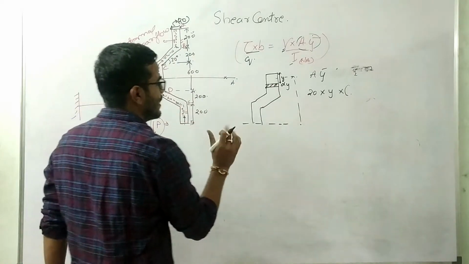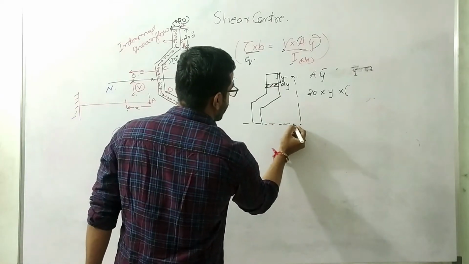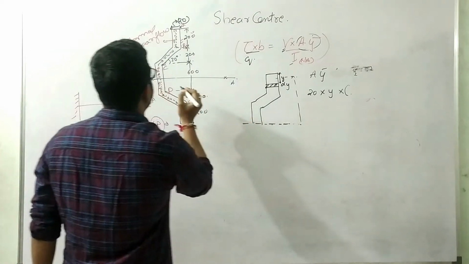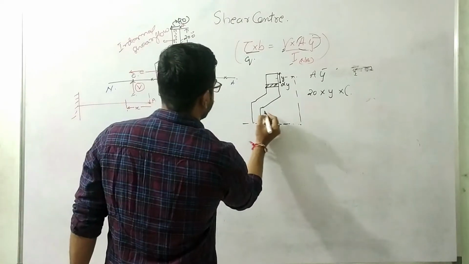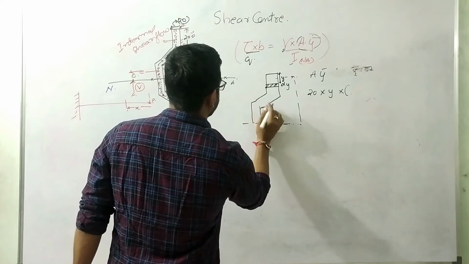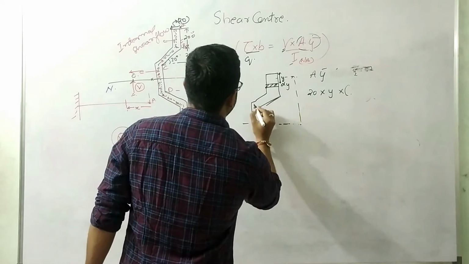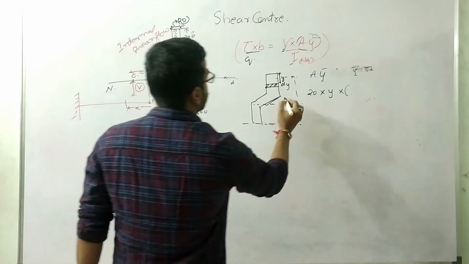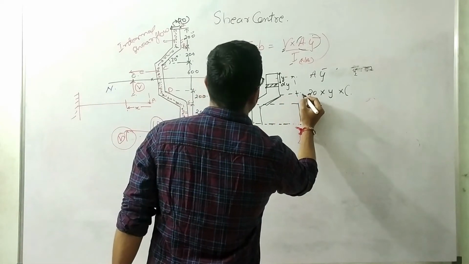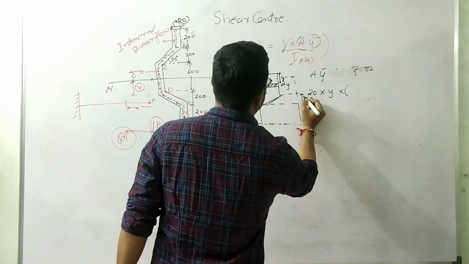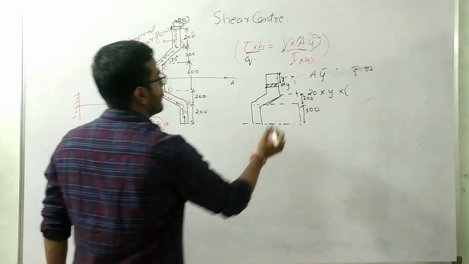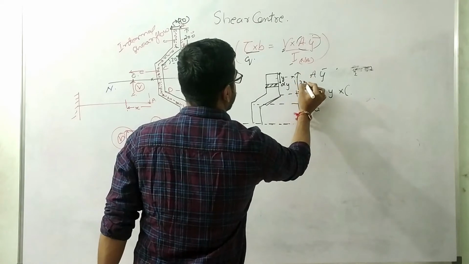Y bar should always be calculated from the neutral axis. So y bar will be this distance. This distance is 200, this is 300, and this complete is again 200.